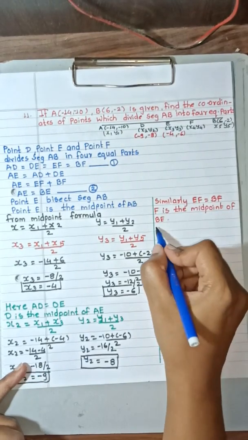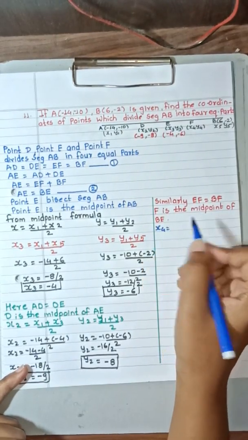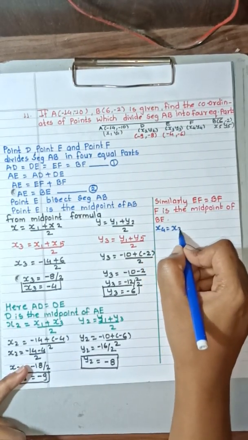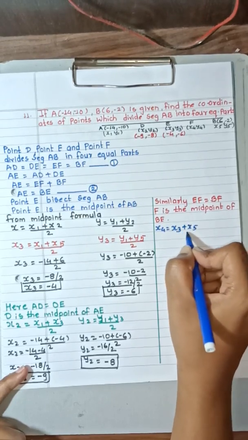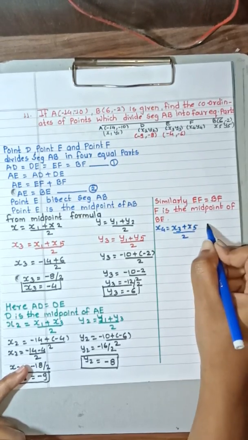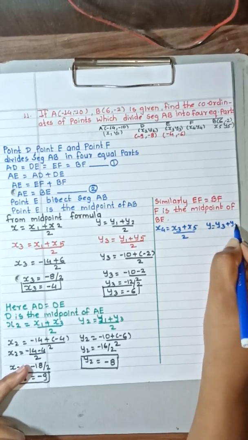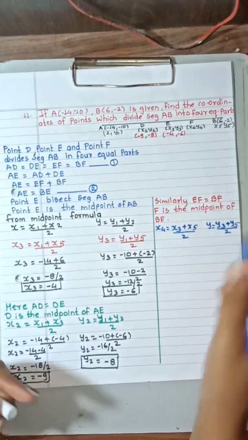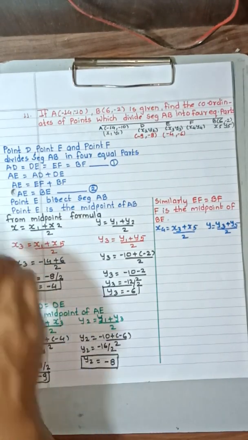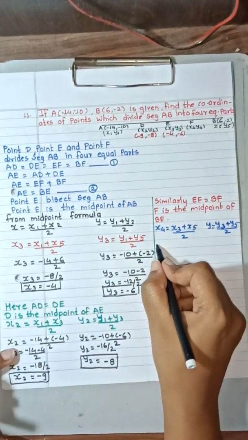So you have to write down here x4 is equal to x3 plus x5 upon 2. Similarly for y also you are going to write y3 plus y5 upon 2. Okay, so I'll put the values now. What is x3?